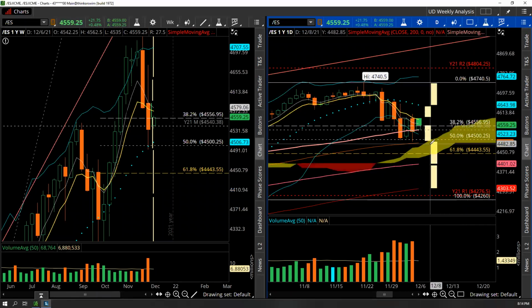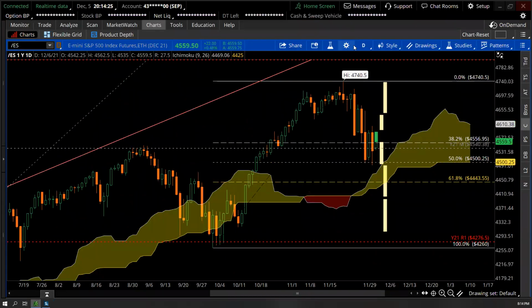I don't want you to be trapped with all your money in the market when this kind of down move happens. You have to be very careful about that. So let's go and see quickly if I can load it.